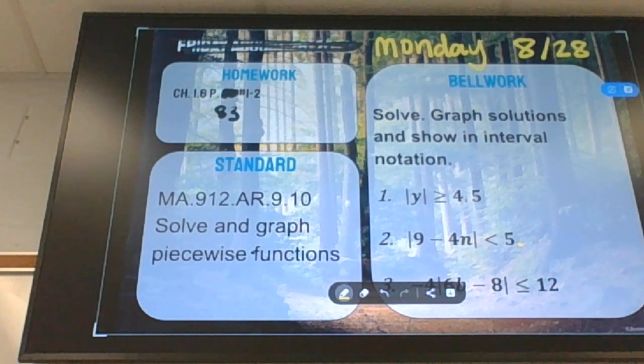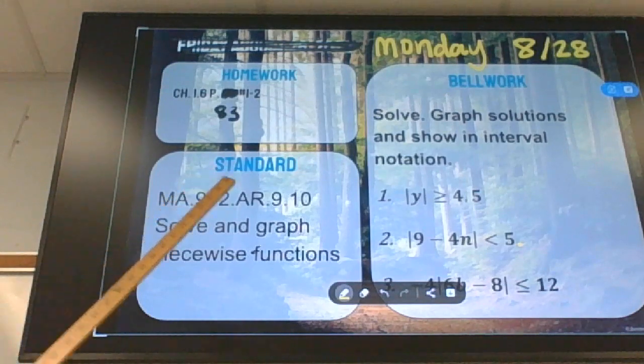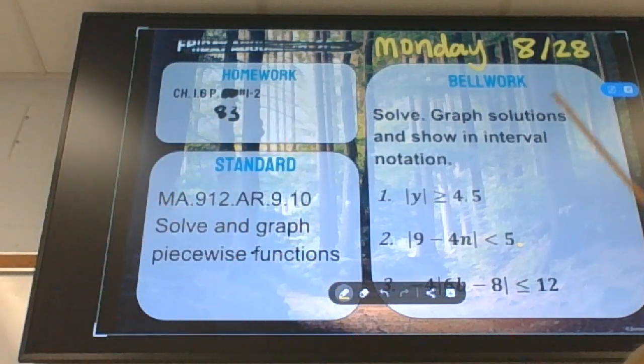It needs to be noted that special solutions can only be determined after absolute value bars are isolated. So when I look at number 1, 2, and 3, which one doesn't have the absolute value bars isolated?